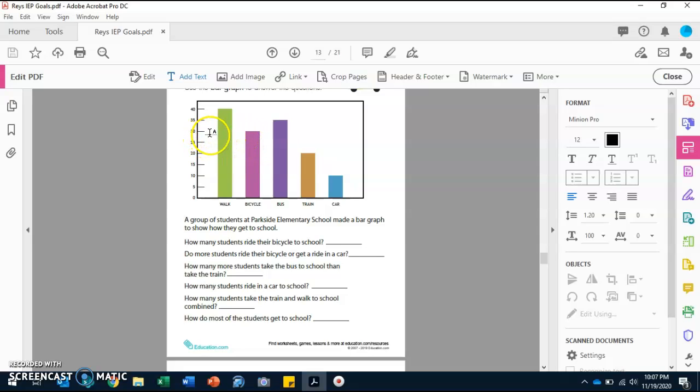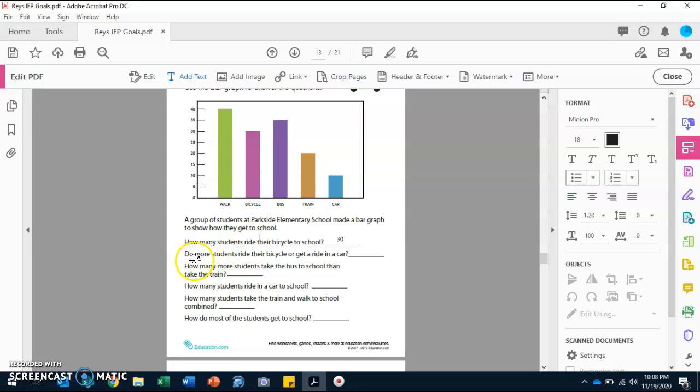Here it is connecting at 30. So on the side we would put 30. 30 students ride the bicycle to school. Awesome.